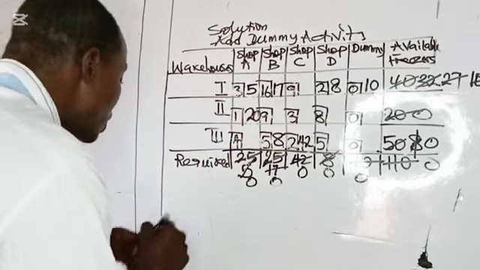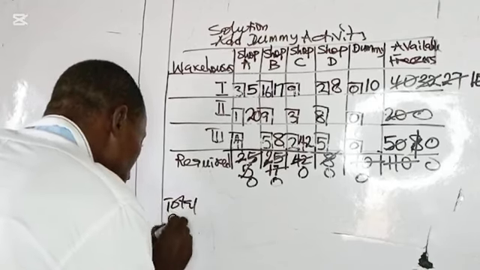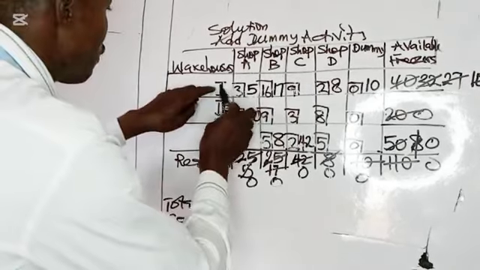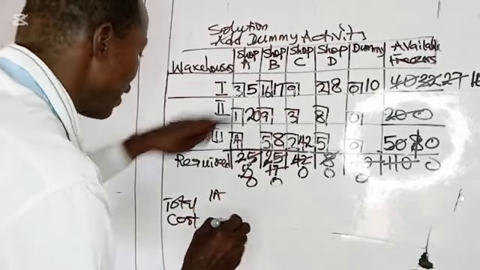Now, let's calculate the least cost of transportation. Total cost. We have 1A, which is 3 times 5.